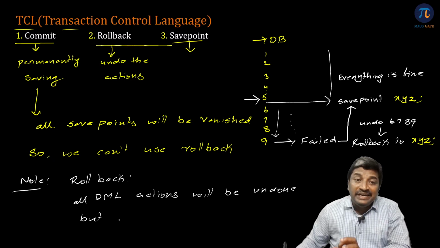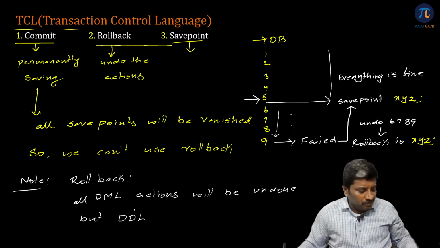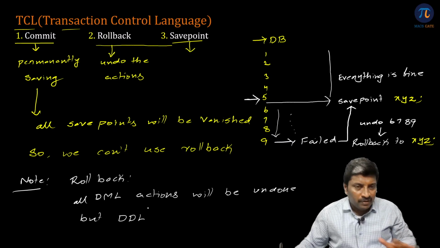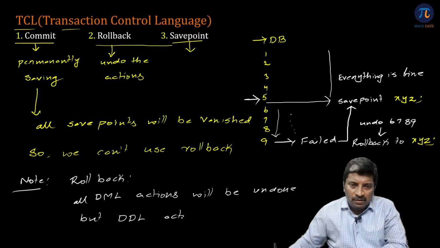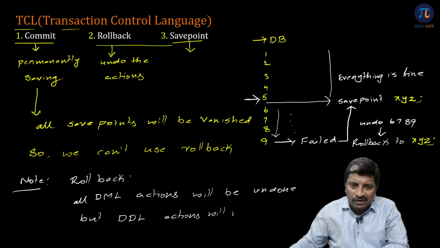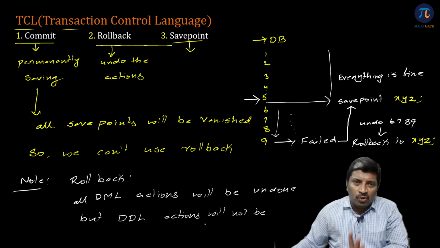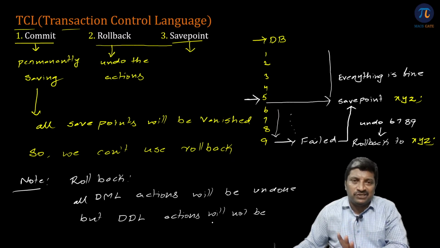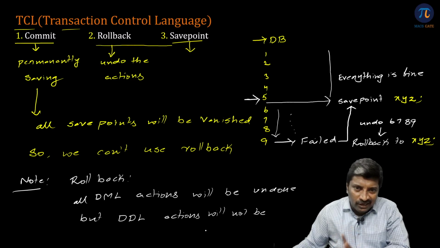But DDL actions, that is, whenever you created a relation or you changed the structure, will not be undone. So please remember this point, sir. Whenever you do rollback, only DML actions will be undone, not DDL actions.